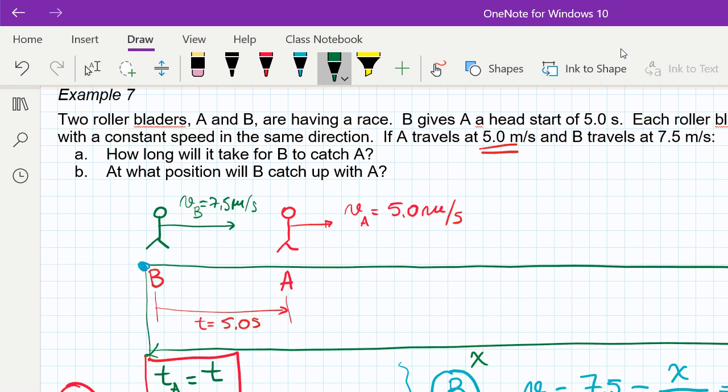So we'll have 5.0 t is equal to 7.5 t minus, what is 7.5 times 5? It's 37.5. And then combining like terms, you will find that t is equal to 15 seconds.